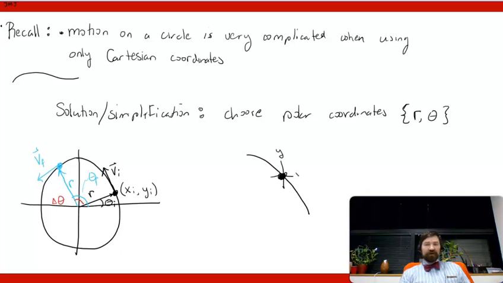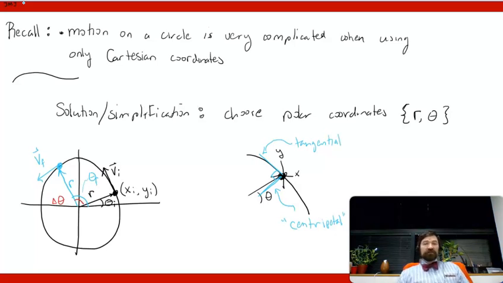We could have an r and a theta. We could also have, and this is the one that we want to use, one component that's tangential and one component that's perpendicular to the tangential component. This component right here is what we will call centripetal motion, and this component right here is what we will call tangential motion.